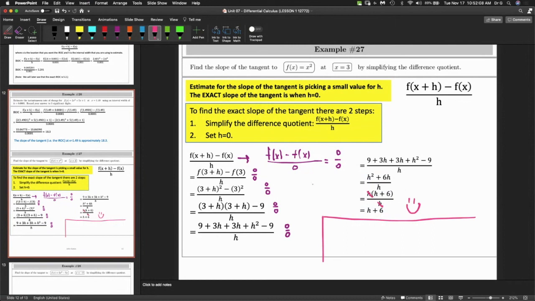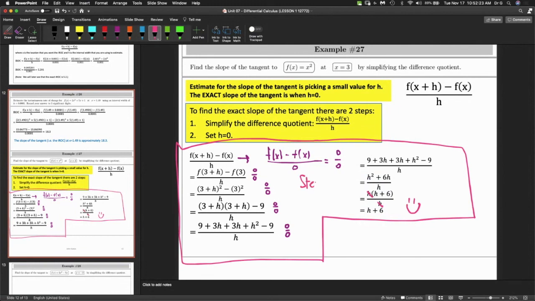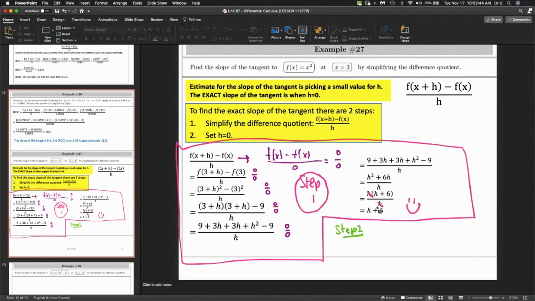So you see all of this stuff here. That's all step one. That's all step one, people. And here's step two. Step two is easy.